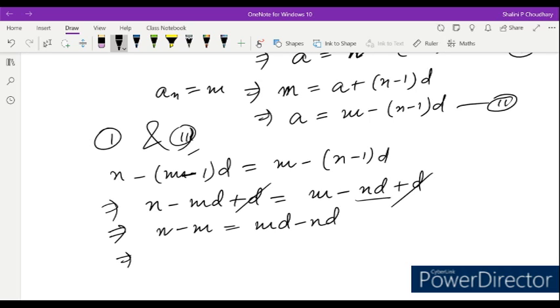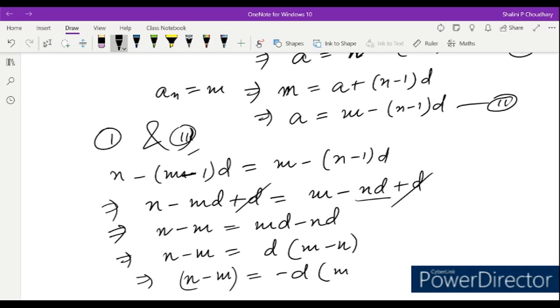Okay, so n minus m is equal to, this is d common, we will take d common, it will be m minus n. Okay, then it means d का value हमें find out करना है. So n minus m will be equal to minus d into n minus m. Okay, we'll cancel this.